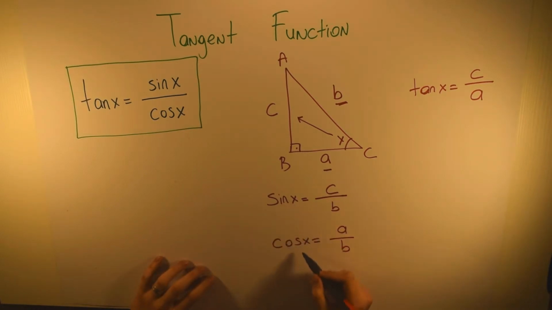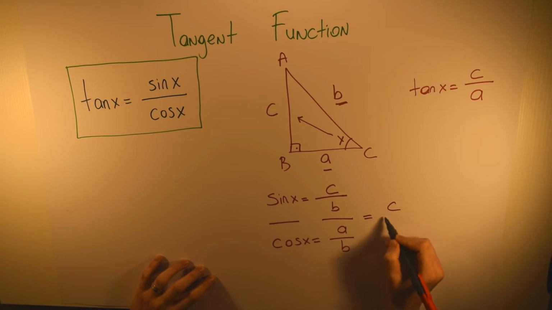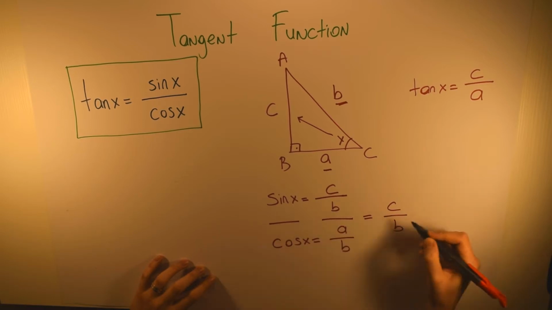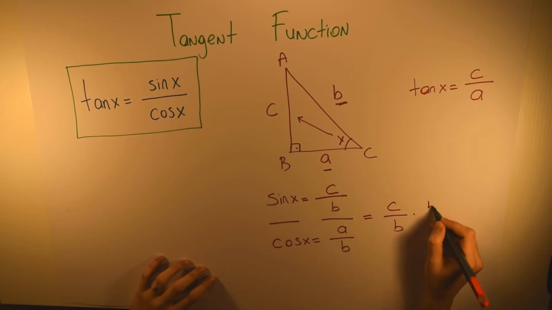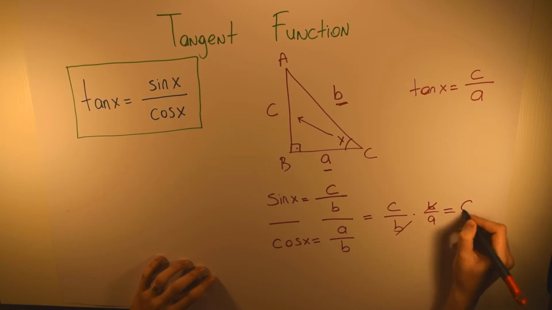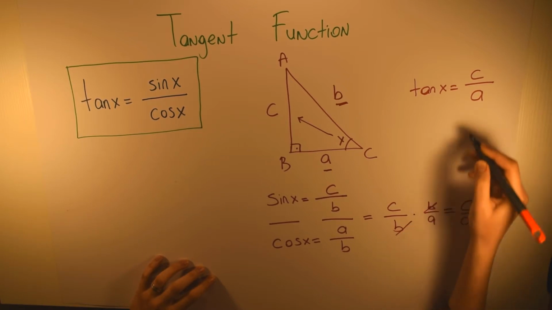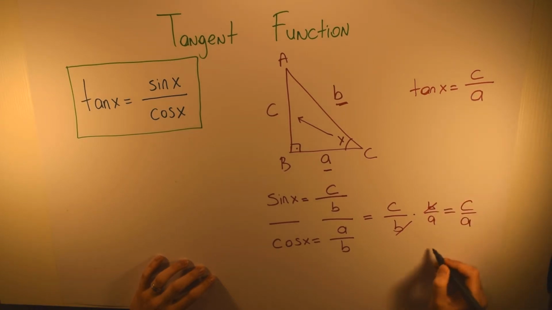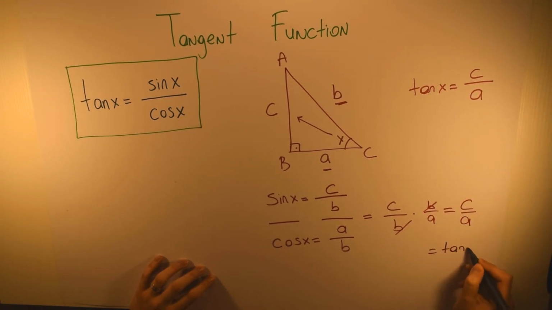Sine x over cos x would be equal to C over B times B over A. The B's cancel out each other, and we get C over A, which, as you can see, is equal to our tangent x value.